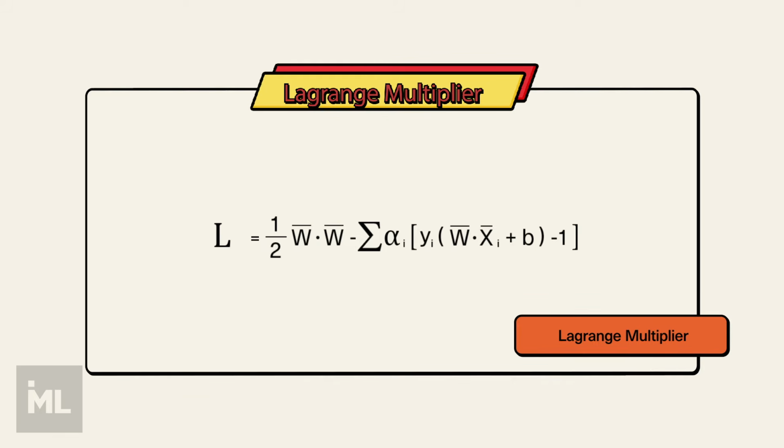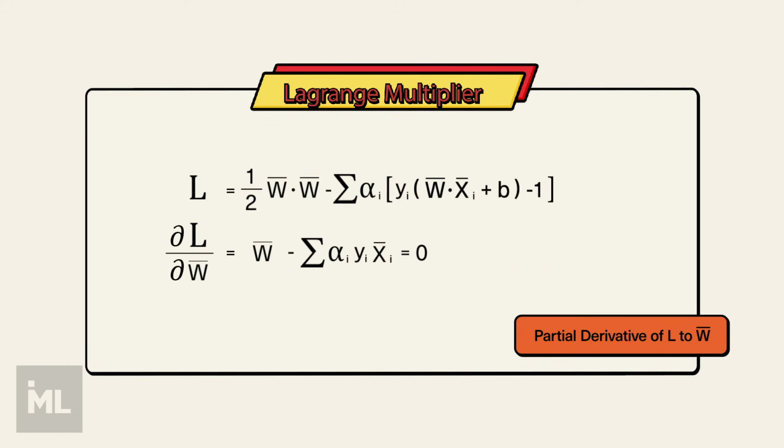For this, we just need to find all the derivatives of this expression and set them to 0. The first equation is the partial derivative of L, the Lagrangian, with respect to the vector w. After setting it to 0, we get w equals the summation of alpha sub i times y sub i times x sub i over i for all the samples.